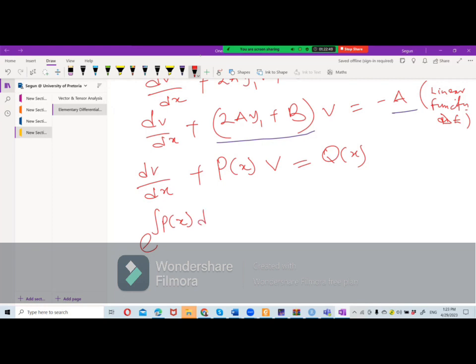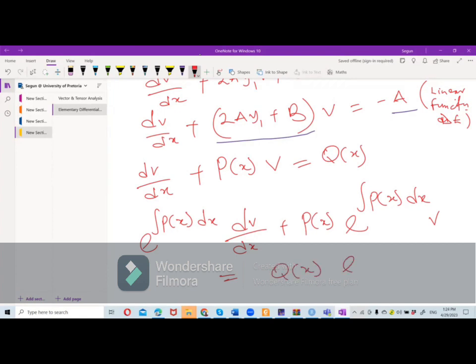No matter what p of x is, you multiply dv/dx plus p of x times v, both sides, by the exponential integral of p of x dx, which equals q of x times the exponential integral of p of x dx.